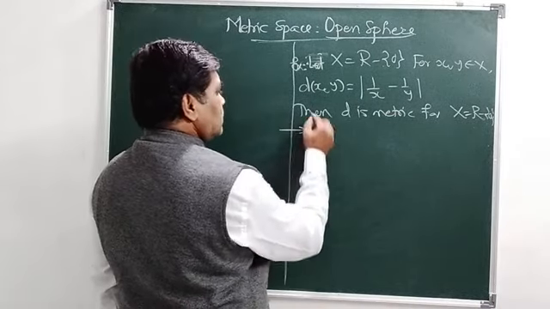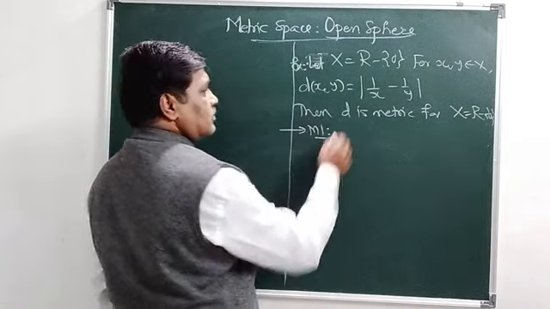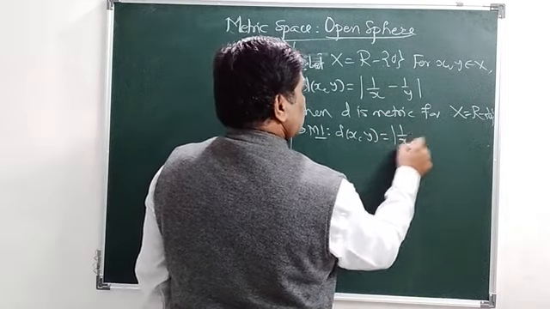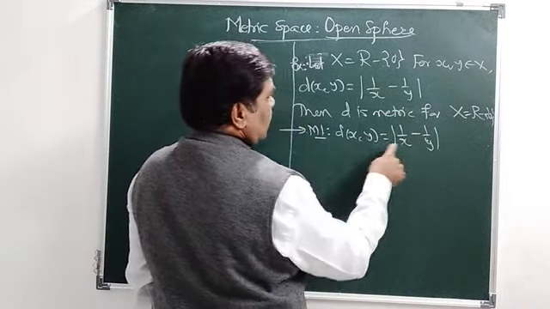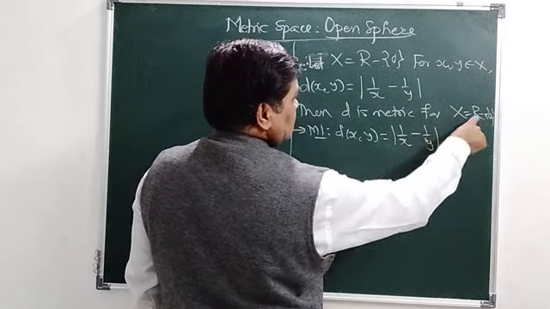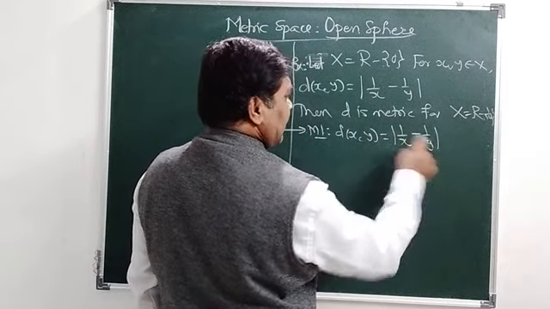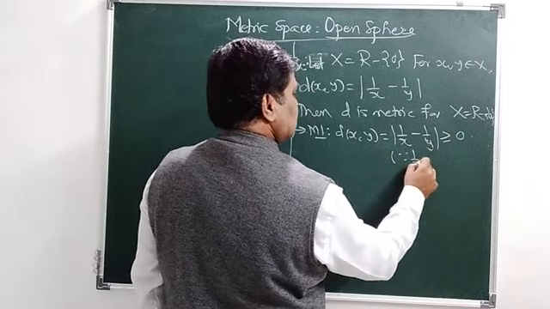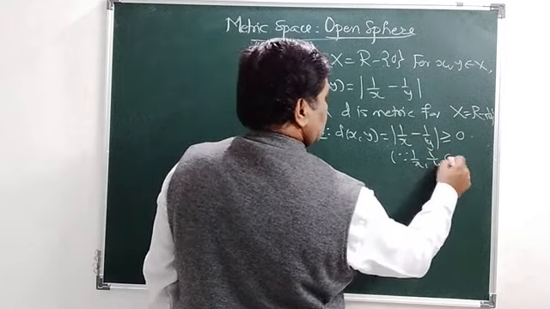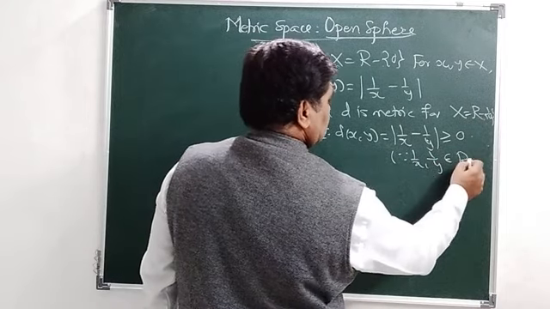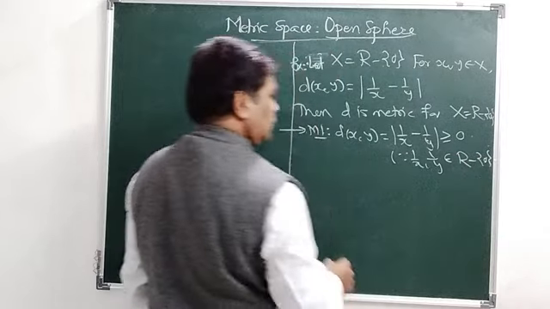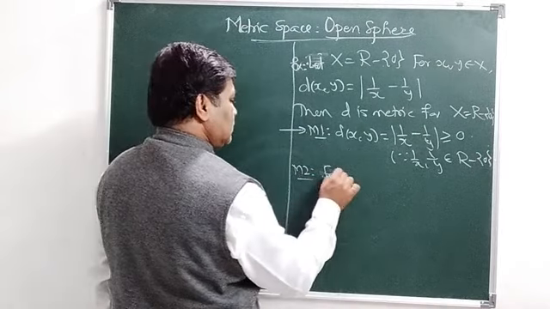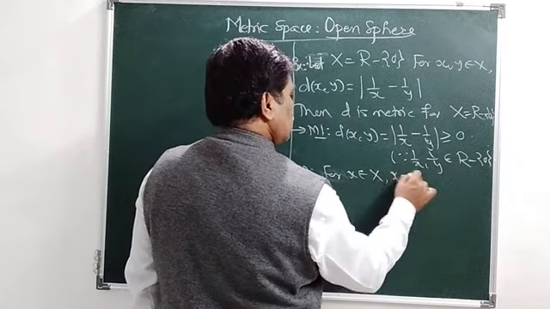So the solution. M1 axiom: d(x, y) equal to mod of 1/x minus 1/y. Whatever x and y are, non-zero real numbers, 1/x and 1/y are non-zero real numbers, so this is greater than or equal to 0. M2: d(x, x) for x belonging to X, x not equal to 0.